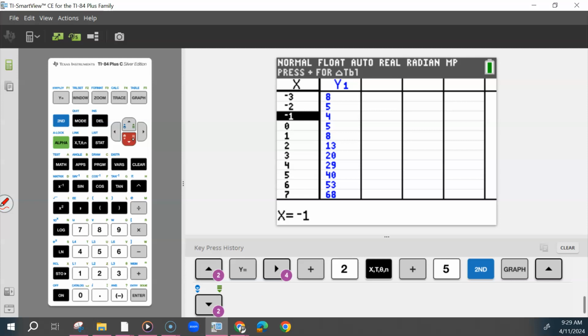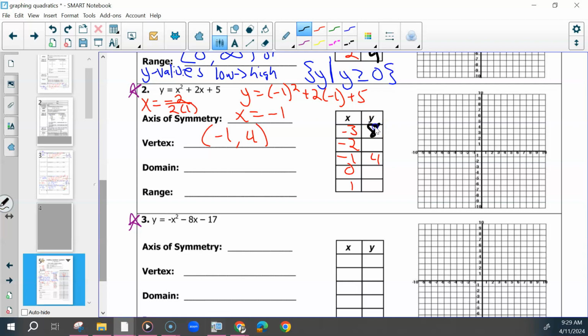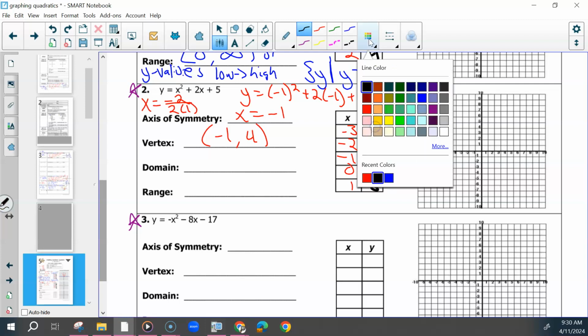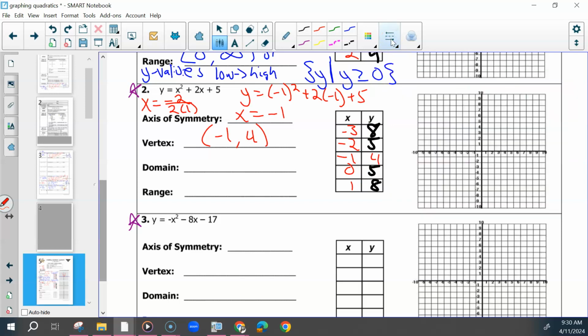Yes. And graph those points. This should face up because our a value is positive.